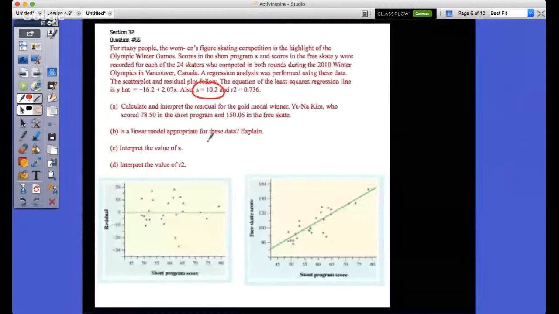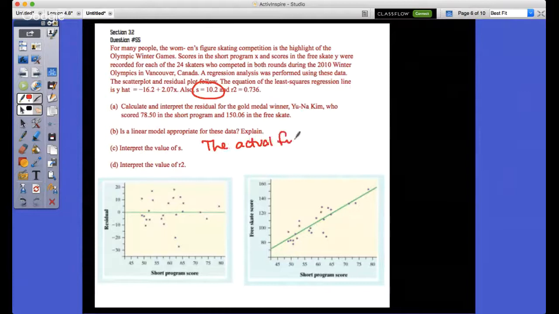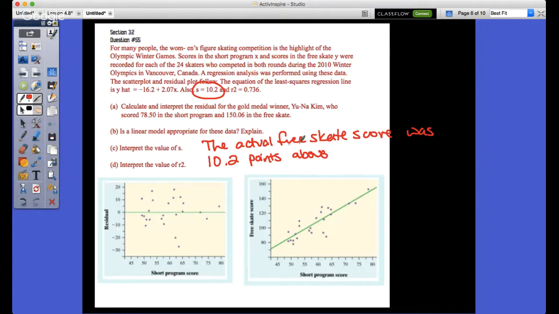We would say the actual free skate score, that's the Y context, was an average of 10.2 points above what was predicted. That's what I was missing.